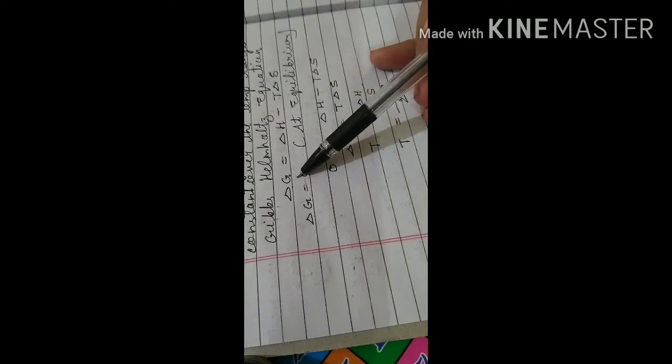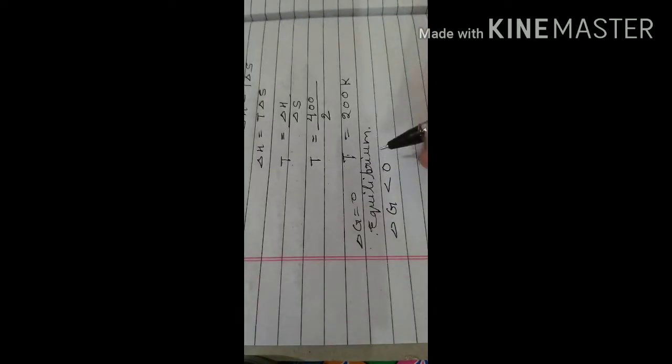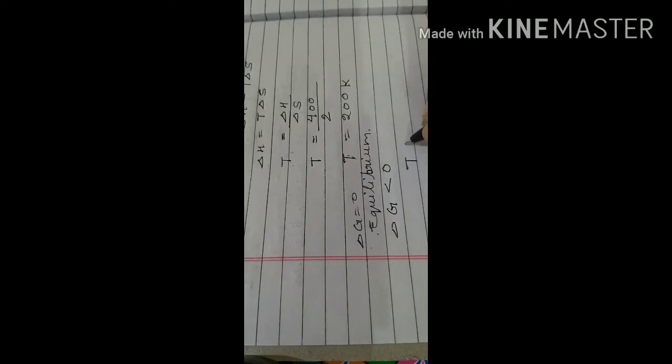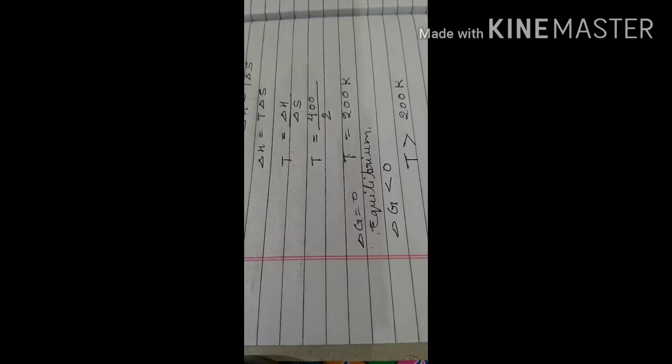If we increase the temperature, delta G will decrease. So the answer is: if we increase the temperature to greater than 200 Kelvin, then the reaction will be spontaneous. This is the answer we have to give in this manner.